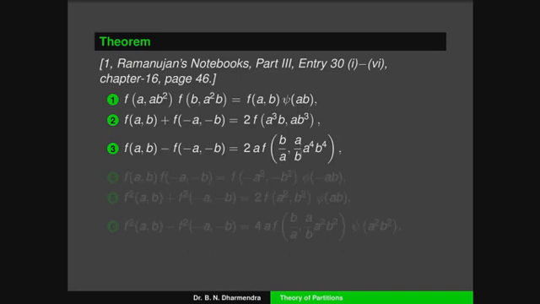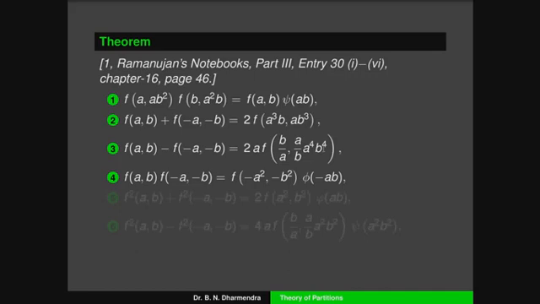After simplification, one term of b cancels, and we multiply by a^5 b^3. Similarly, the next one: the product f(a, b) times f(-a, -b) is equal to f(-a^2, -b^2) times phi(-ab).